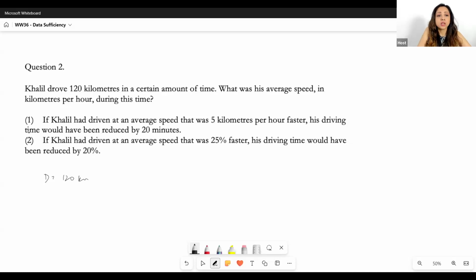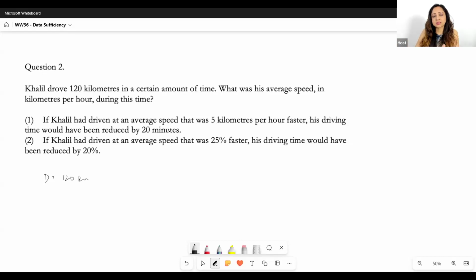Okay. Statement 1. If Khalil had driven at an average speed that was 5 kilometers per hour faster, his driving time would have been reduced by 20 minutes. Okay. So, if you've gone through the content of time speed distance, you would know that we do use ratios a lot in time speed distance, but when we are given an increase in speed or an increase in time, so basically S or S plus 5, for example, then we cannot use ratios over there, right?